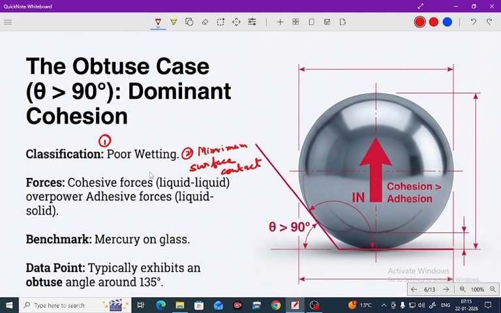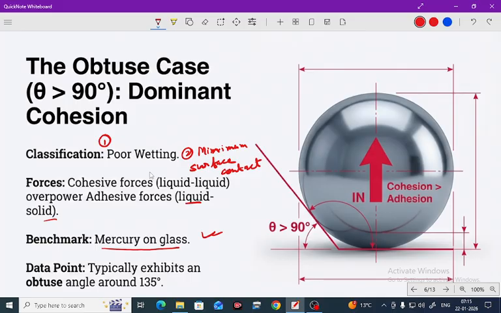What you get? Cohesive forces, liquid to liquid, overpower adhesive forces, liquid to solid. In this case, cohesive forces are greater than adhesion.